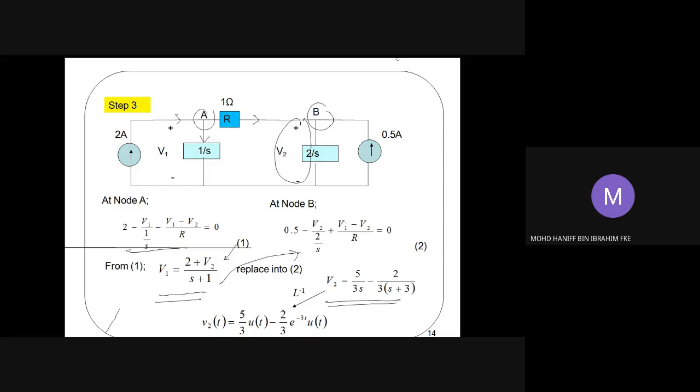V1 is now written in terms of V2, so we can find V2 itself. V2 is 5 over 3S minus 2 over 3S plus 3.